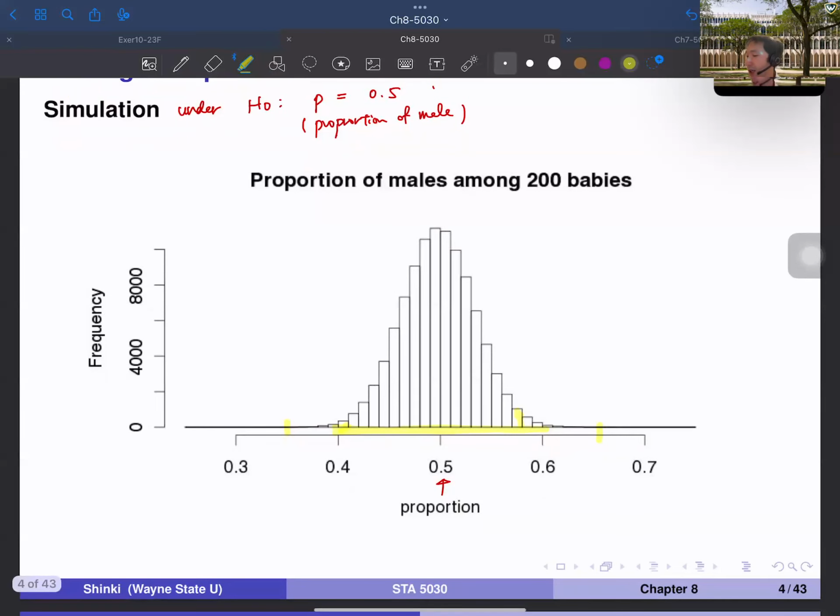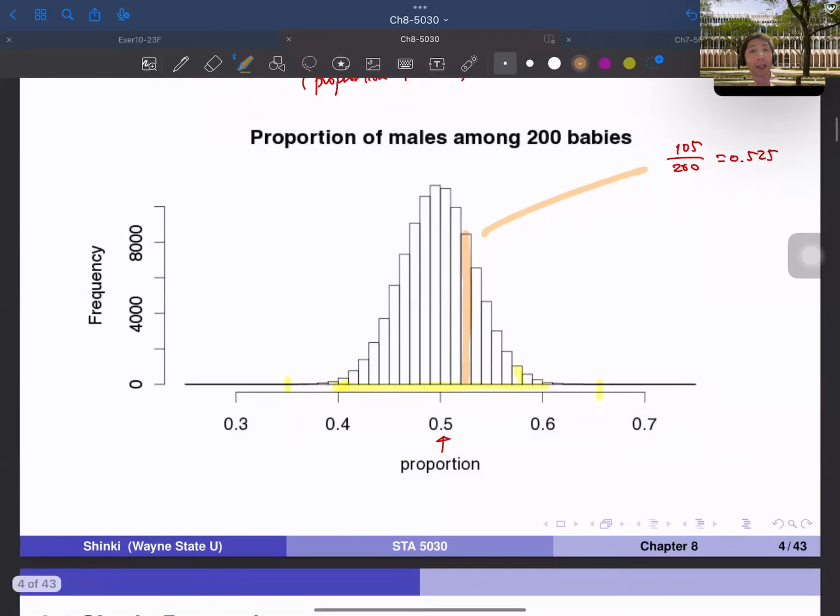So with this simulation, our observation of 105 over 200 is not really special. This 0.525 is probably in this bin, right? So it's not very special. It happens even if the proportion of males is 50%.